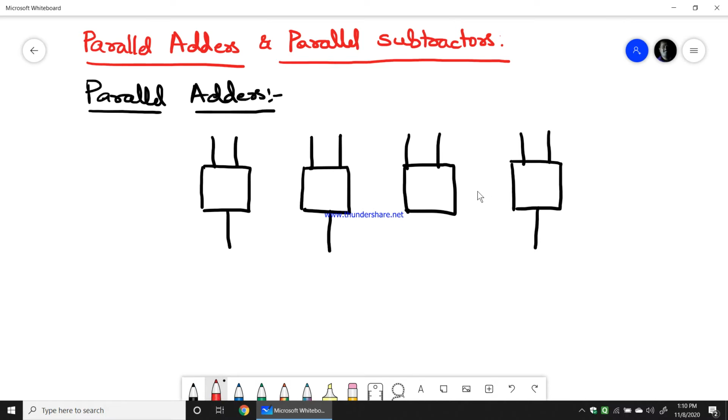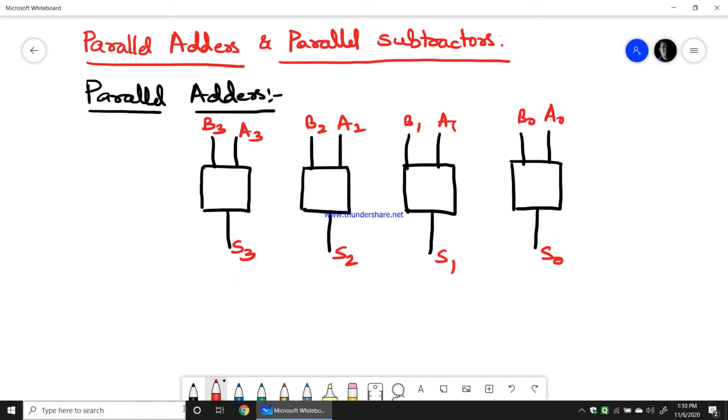Now these inputs are, I can say, A0, B0, A1, B1, A2, B2 and A3, B3. So let me say this is S0, S1, S2, S3. So this is nothing but a 2-bit addition block. So when I add 2 different bits, I will get one output, which is the sum, and the other output that I get here is the carry.